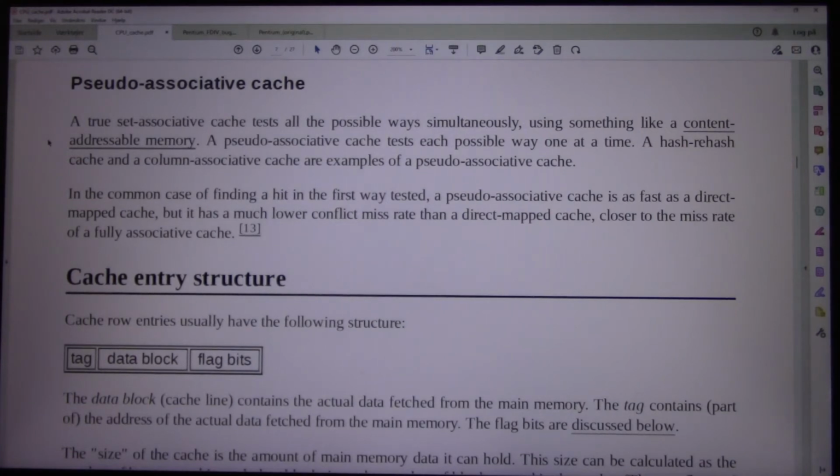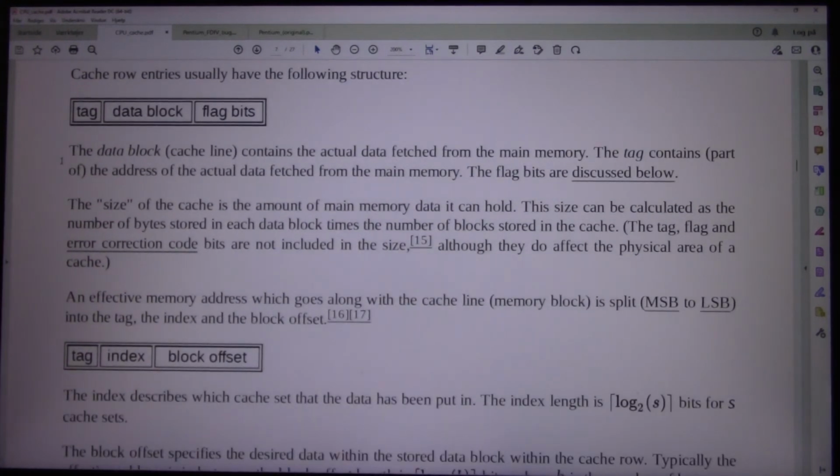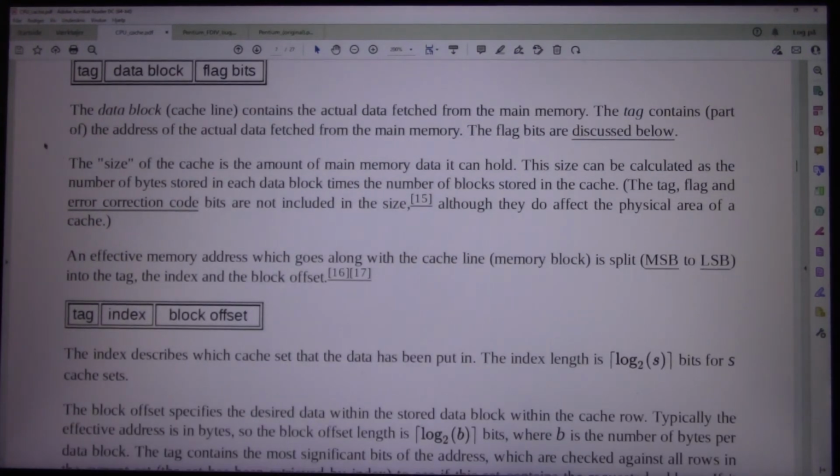Cache entry structure. Cache row entries usually have the following structure: tag, data block, flag bits. The data block, the cache line, contains the actual data fetched from the main memory. The tag contains part of the address of the actual data fetched from the main memory. The flag bits are discussed below.